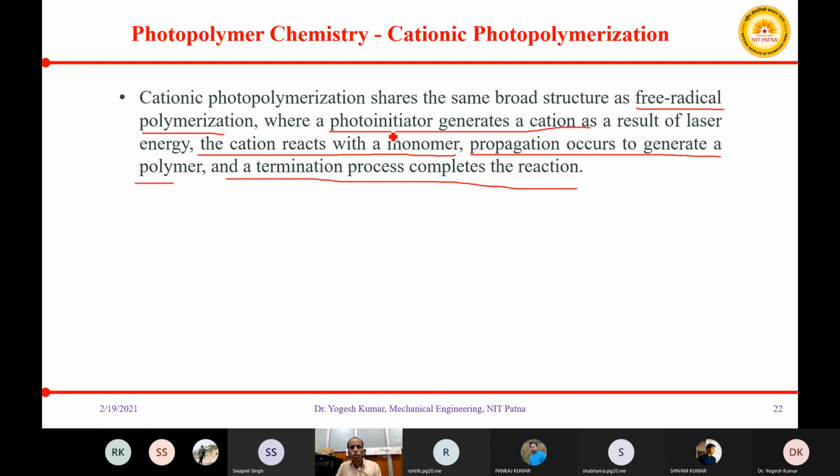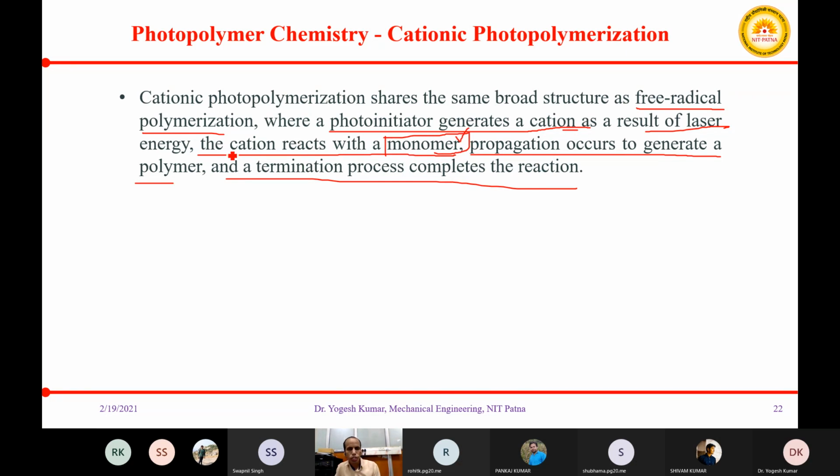So these are the three things: your photoinitiator generates a cation because of exposure to the laser energy, and the cation reacts with the monomer. When I say monomer, it is in liquid form.